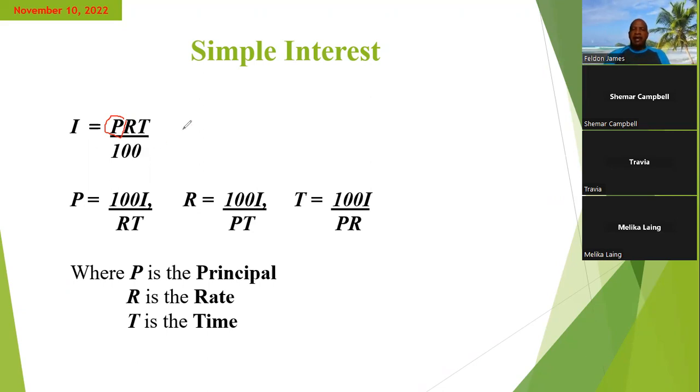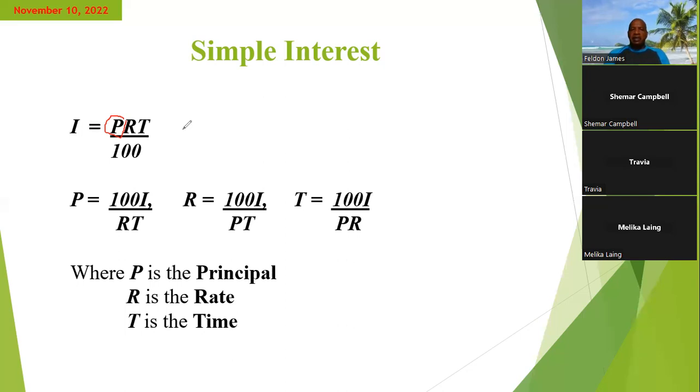So if P is to be by itself, the RT and 100 will have to be moved to the other side of the formula. Now, to do that, we employ a method that we call transposing the formula. I'm not going to go into any details as to how transposing a formula goes, because there's a whole topic on that, which we'll be dealing with later on.